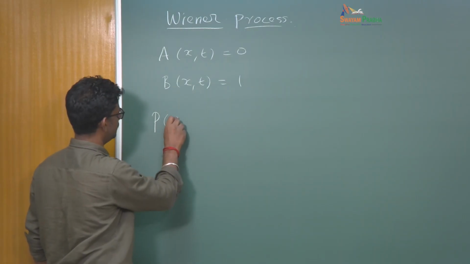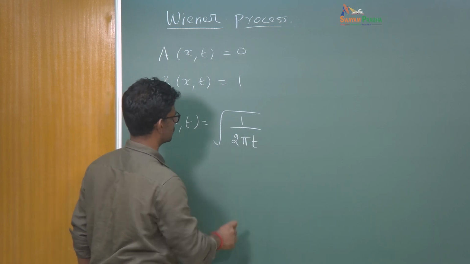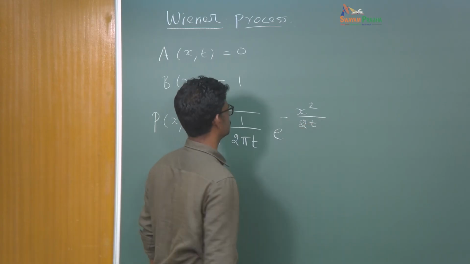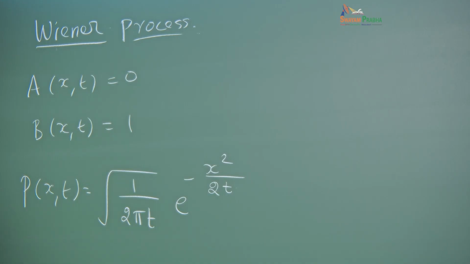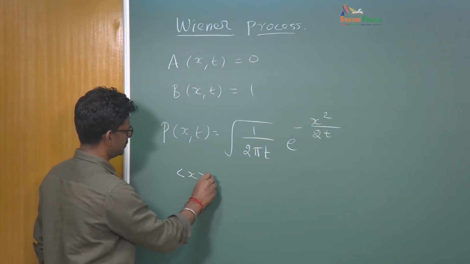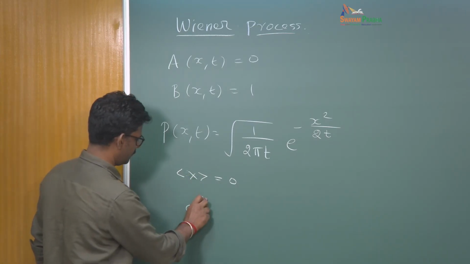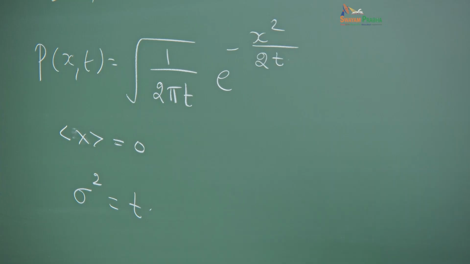So, then this yielded the distribution function like this, right? Now, this is basically a Gaussian random variable, right, with the mean of x is 0 and the variance is equal to time t. Okay, so variance actually grows linearly in time t.